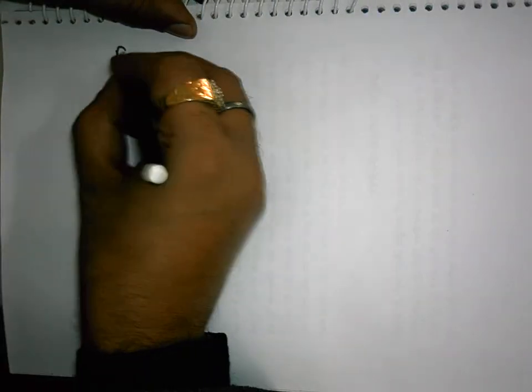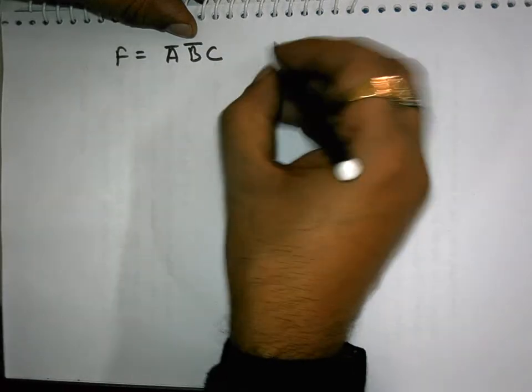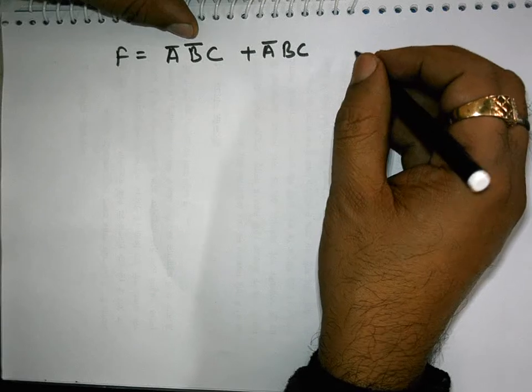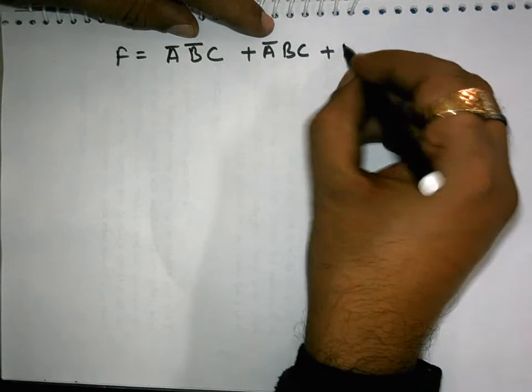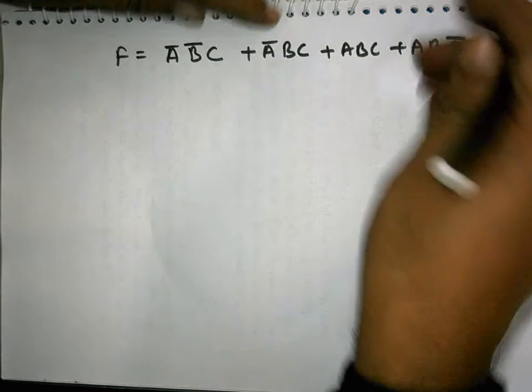So let us design a three variable function f equals to a bar b bar c plus a bar bc plus abc plus abc bar.